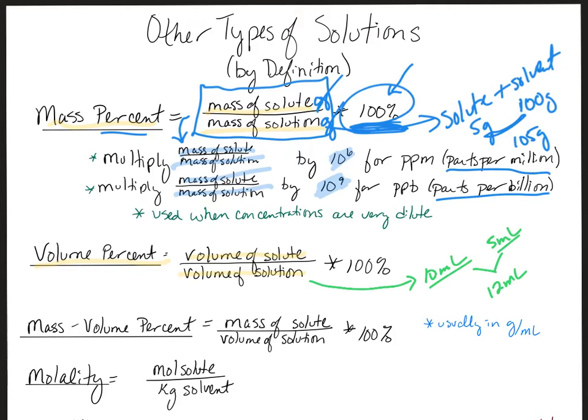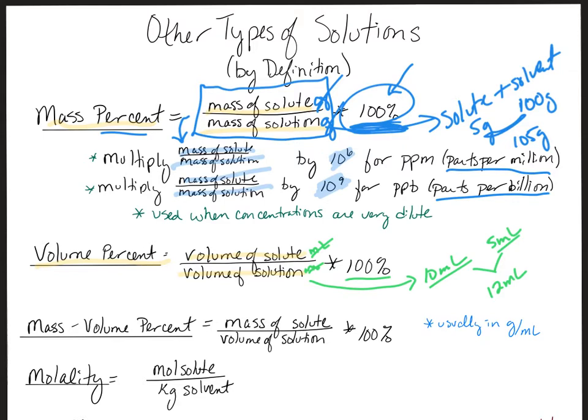And both of them can occupy the same space because one's bigger than the other. And that's exactly what can happen within a solution, especially when you measure by volume. So you have to be careful in this case, okay? Again, if both of these are in liters or milliliters, they will cancel out. So it doesn't matter what unit you're using there, and you do multiply it times 100% because it's a percent.